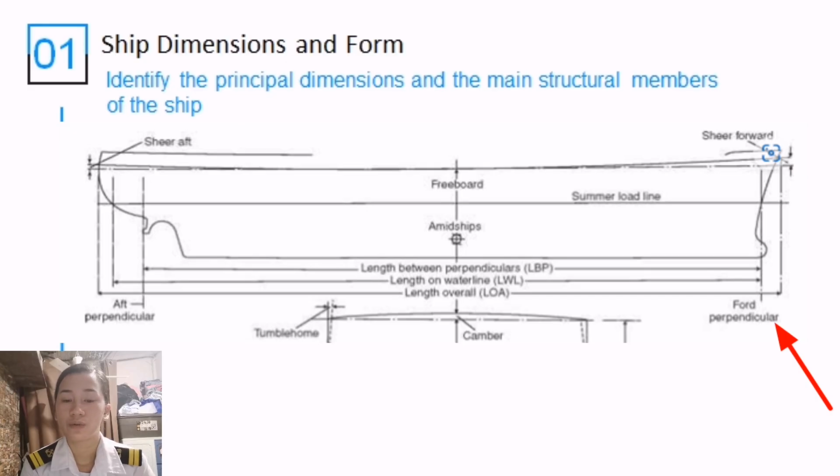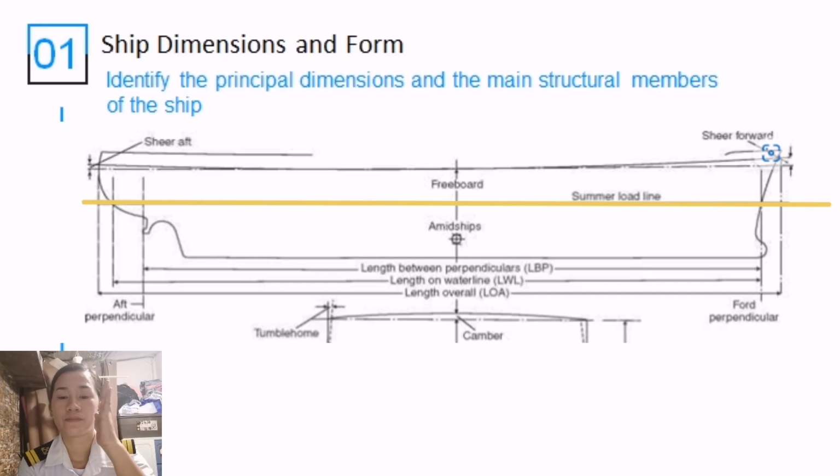To know where it is, you just have to find the summer load line, the horizontal line, then draw a vertical line where the stem of our vessel and the summer load line intersect. Okay? Once you find the point where the three meet, you can draw the vertical line. That will be your forward perpendicular.